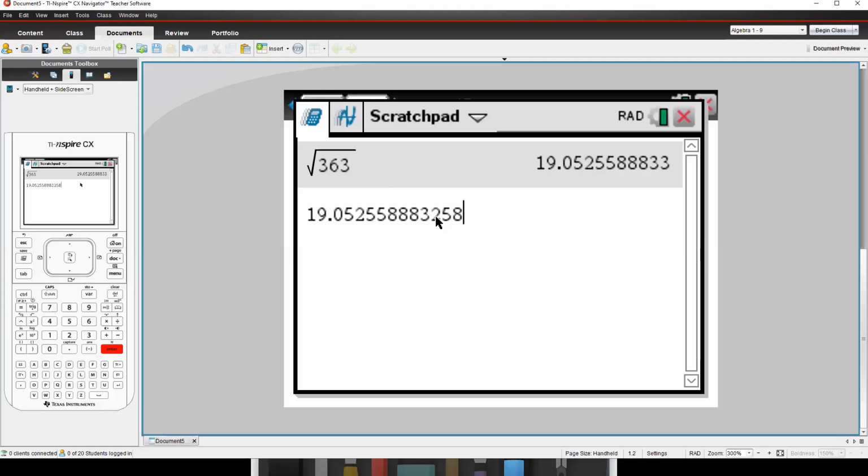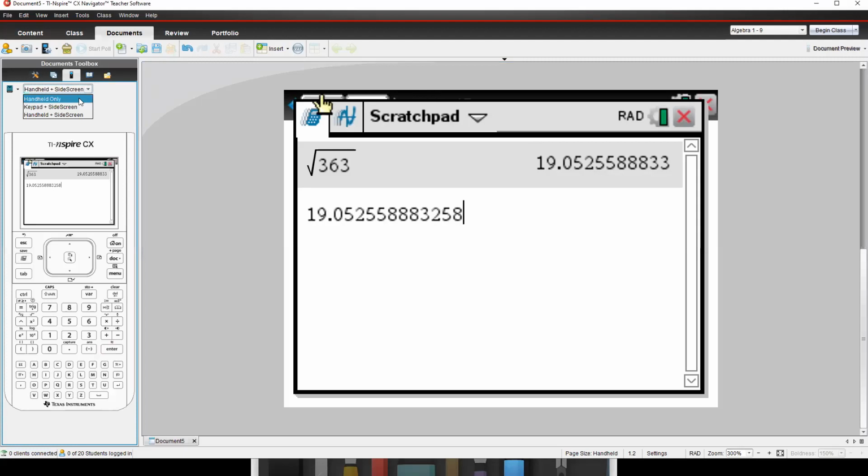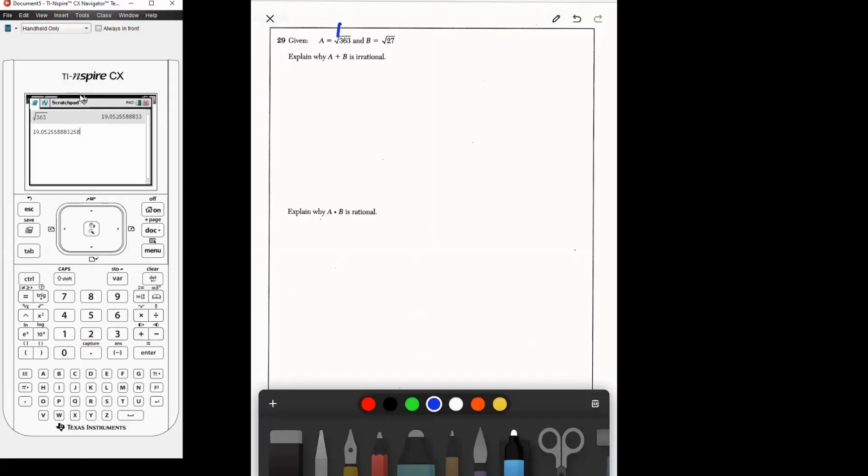Now, it does go on forever, but does it have a repeating pattern? No, it has 0, 5, 2, 5, 5, 8, 8, 8, then 3, 2, 5, and then another 8. This doesn't have a pattern. It doesn't repeat. So this is an irrational number. So you would go here and you would say that this is irrational.